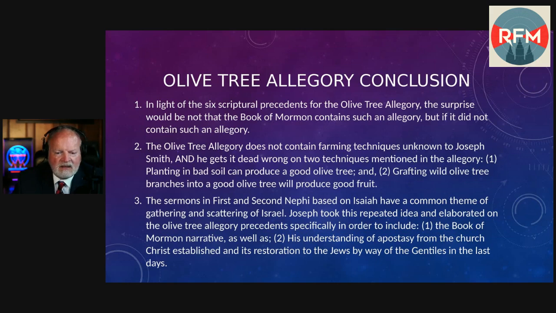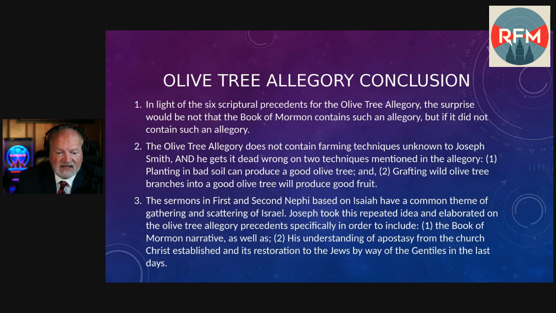That doesn't happen. Number 3, the sermons in 1st and 2nd Nephi, based on Isaiah, those 3 sermons that we just talked about, have a common theme of scattering and gathering of Israel. Joseph Smith took this repeated idea in the Book of Mormon and elaborated on the olive tree allegory precedents.